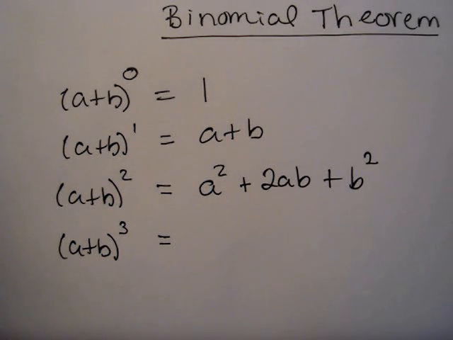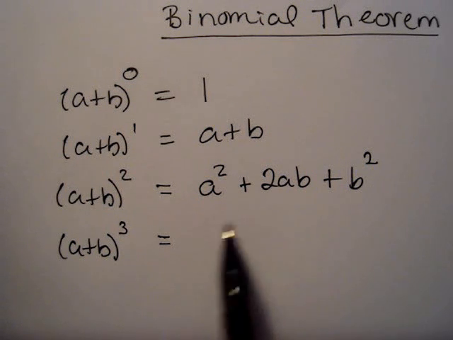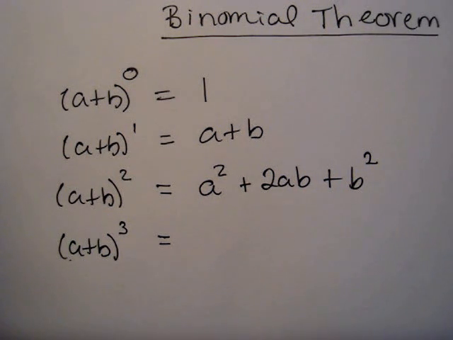Now before, if you wanted to figure out what a plus b to the third was, you would have to do the a plus b squared and get this answer, and now take this answer and multiply through by the a plus b, maybe using vertical multiplication, if you remember from way back when, and you get this long old thing where you have to gather like terms.